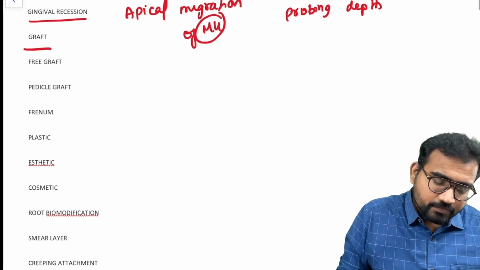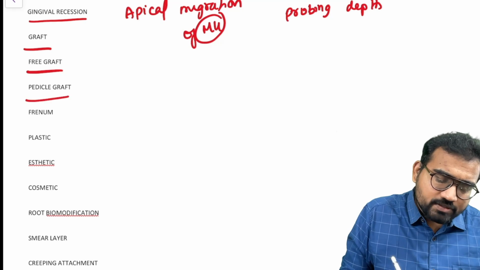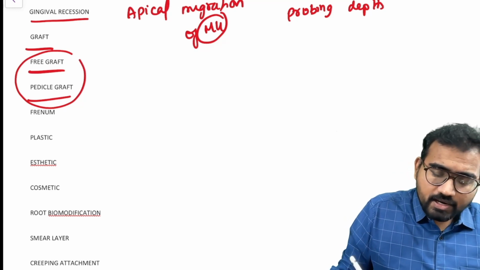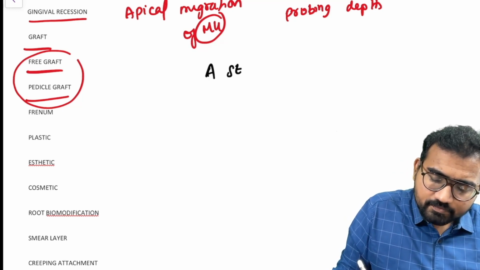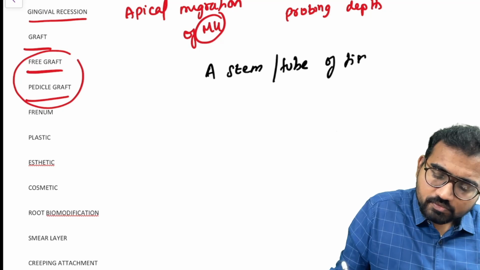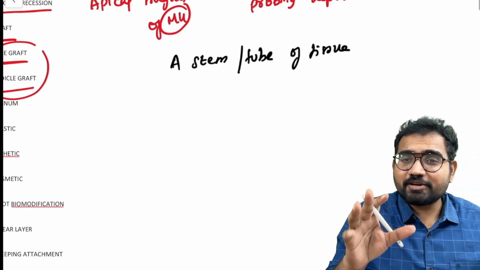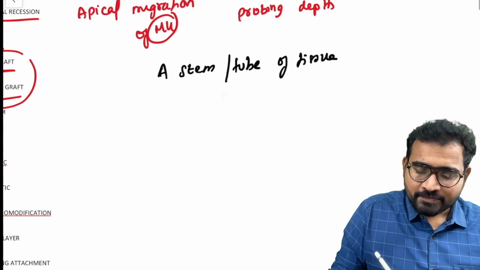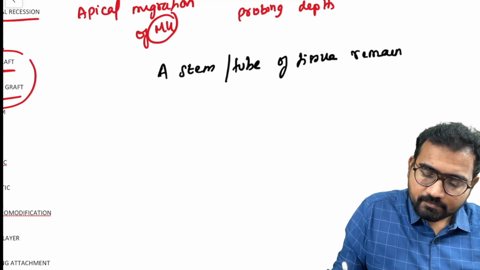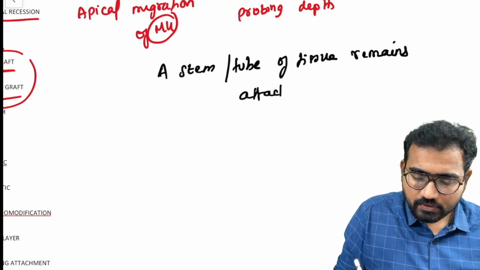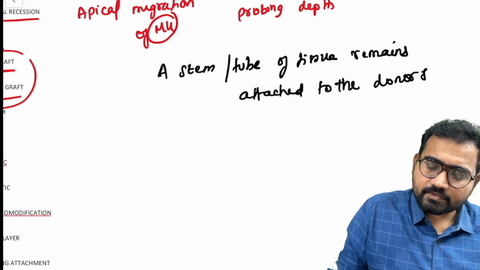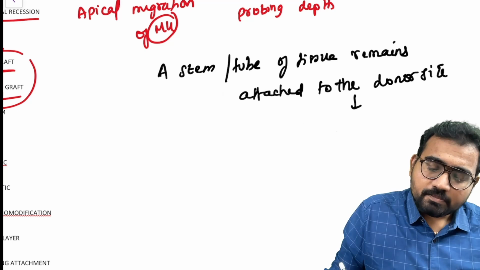Very good. Now, what is a free graft and what is a pedicle graft? Very simple. A stem or tube of tissue which remains attached to the donor site is called a pedicle graft.